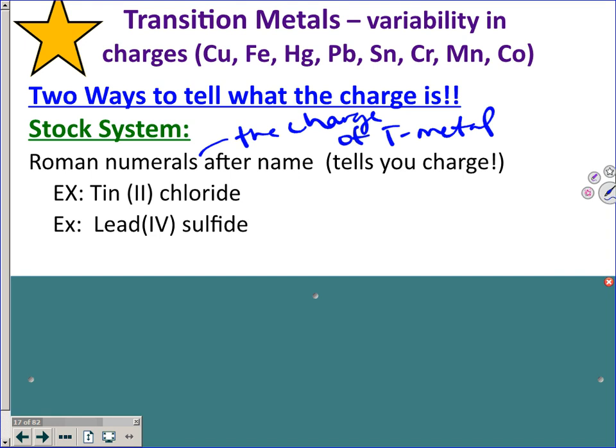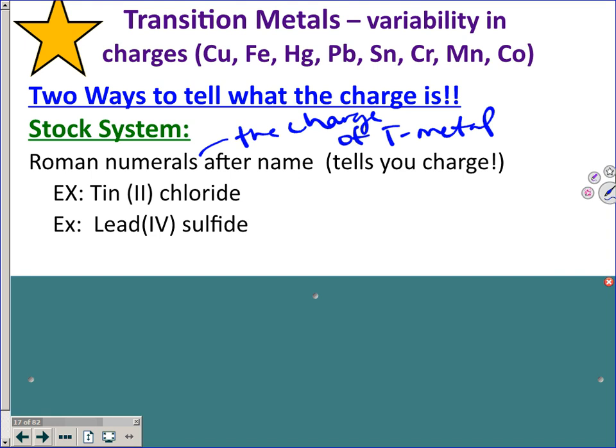And I've listed some common ones up here. Now, I can give you anything, because as soon as you see that Roman numeral, you know it's the charge. Zirconium, niobium, cadmium, mercury, I can give you any of the transition metals. As long as I give you the Roman numeral, you should do it. So the common ones we'll use are up here, but I'll show you those in a second as well.